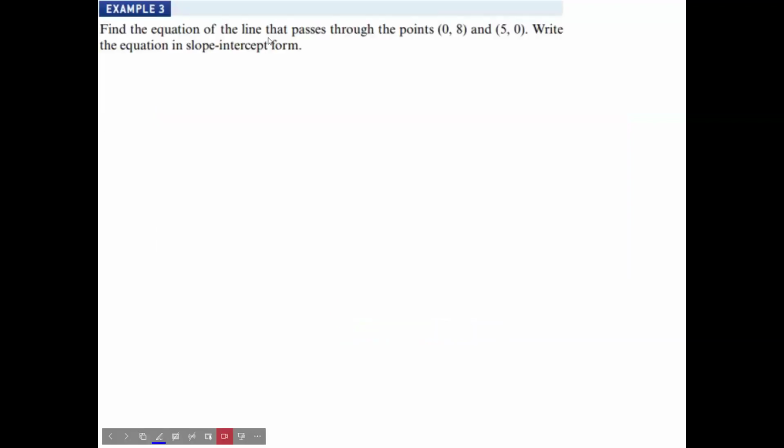Find the equation of the line that passes through points (0, 8) and (5, 0). Let's call them P1, P2. So first step, slope: 0 minus 8 over 5 minus 0. What I have is minus 8 over 5, right?